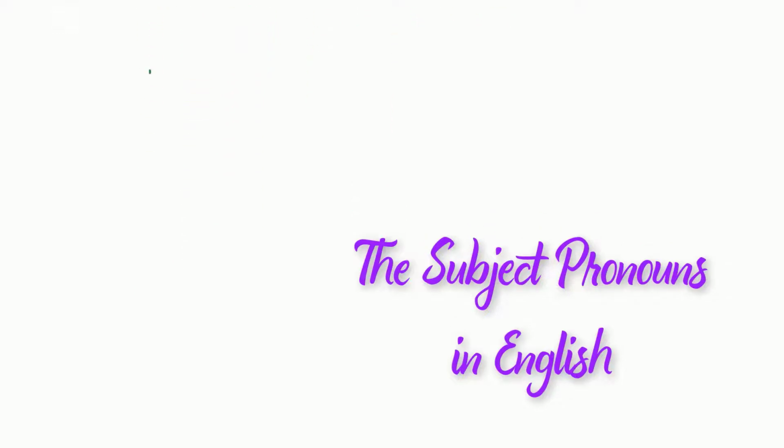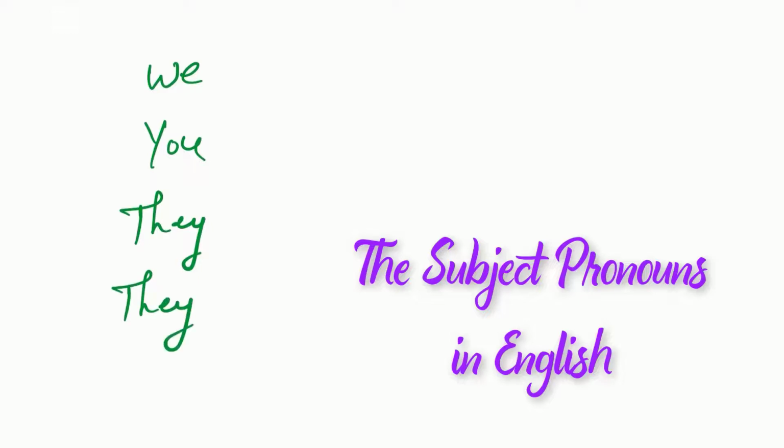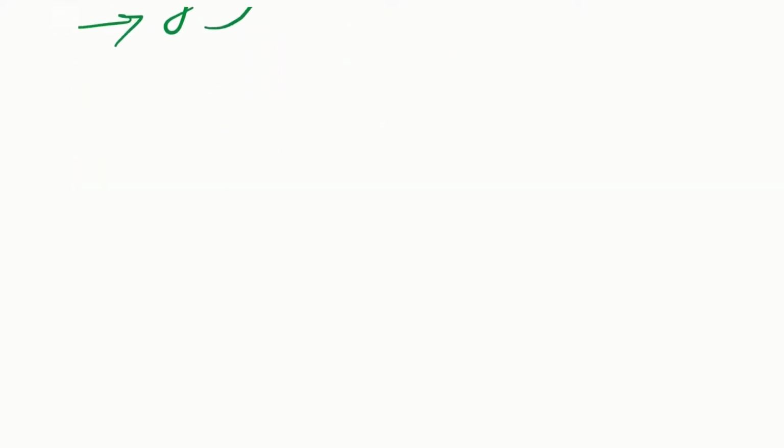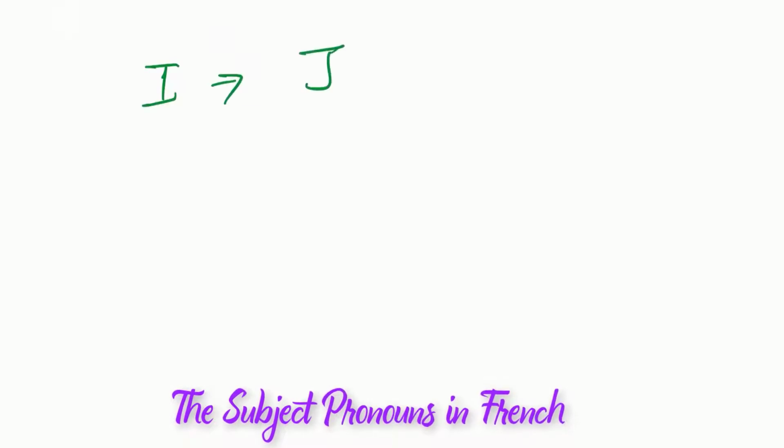Let's see the plural one. We, you, they. So here I wrote two times they. This we will do when we do the French pronouns. So these are the plural pronouns. Let's start with the French pronouns now. I means je in French.